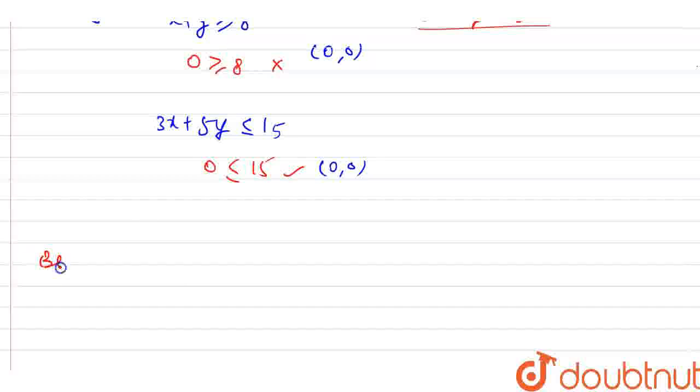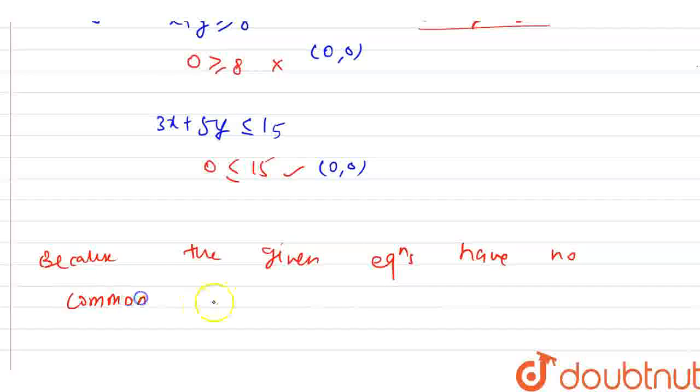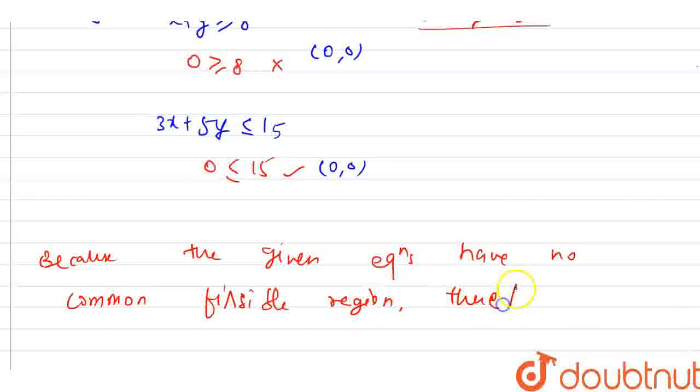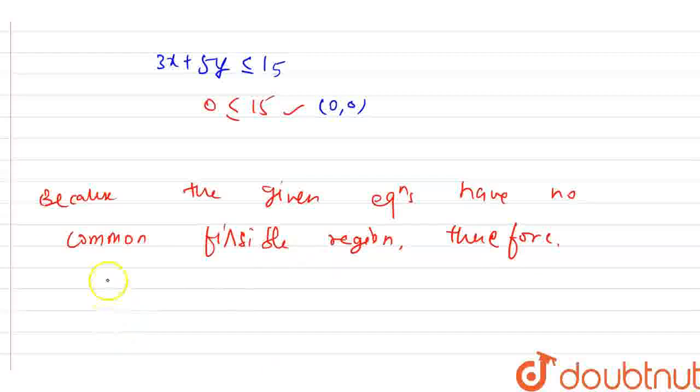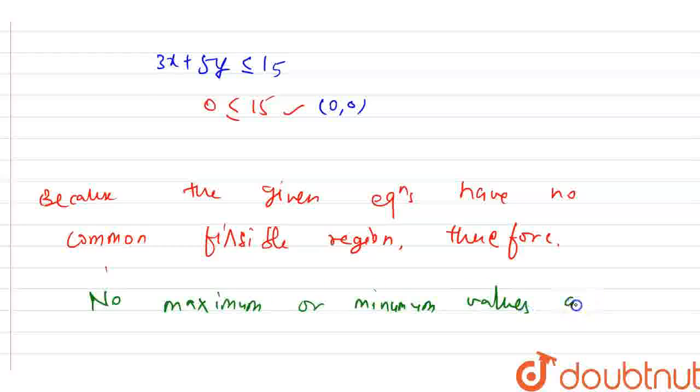Let me write like this: because the given equations have no common, or we can say feasible region, therefore no maximum or minimum values are possible. And this is the answer.